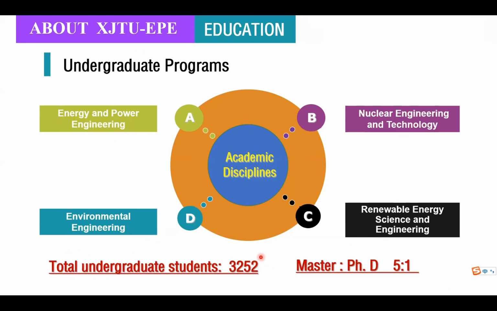We have a very large number of undergraduate students, about 3,225. And the ratio of master's students to PhD students is about 5 to 1.